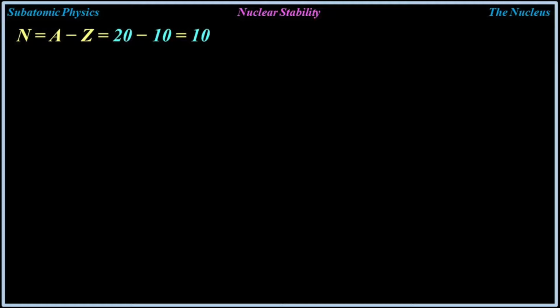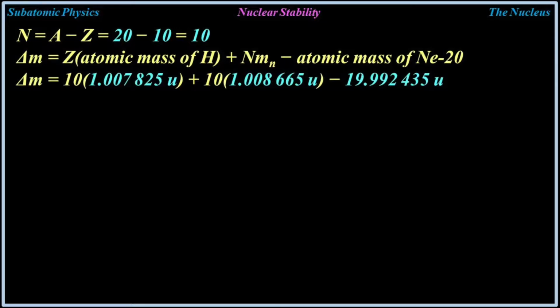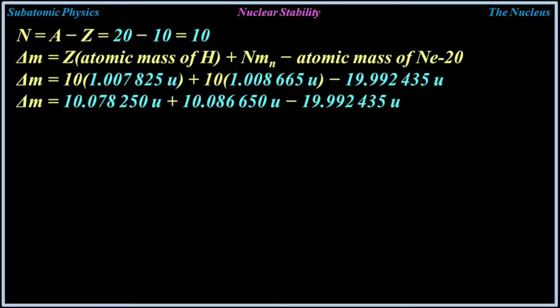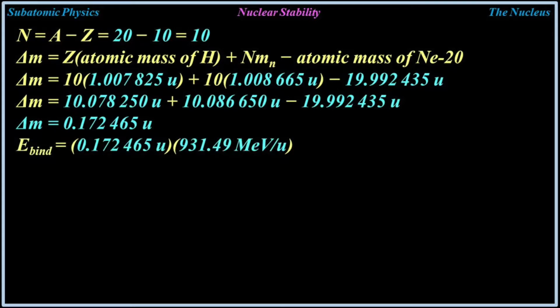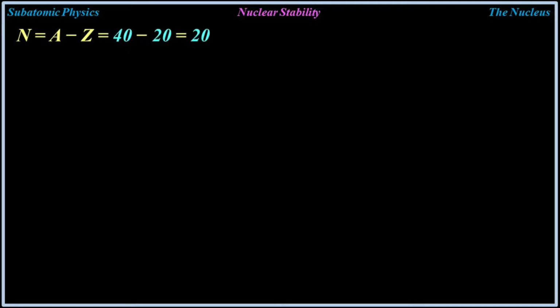So it's putting down all of the givens. And now the delta M is being given. And that's going to be ultimately 0.172465. And then the E bind is going to be 160.65 mega electron volts.